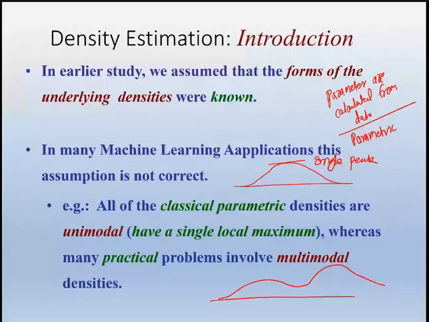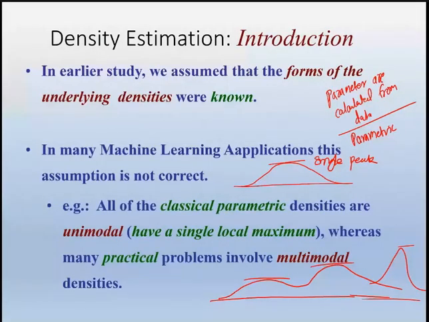There are say two peaks, one here and the other here. I may have a third here also. So if there are multiple peaks in my data distribution, then assuming a normal distribution, that is only a single peak, is not a good idea. I hope you got this point.